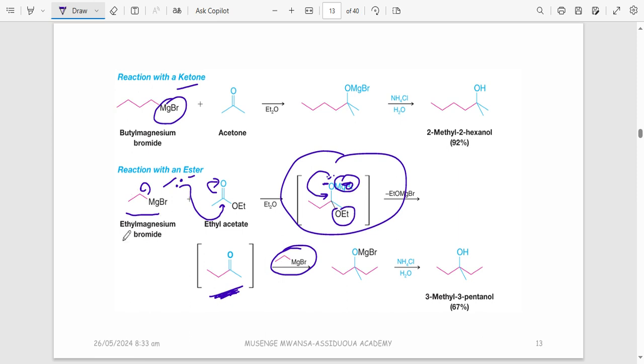If we had more equivalents of Grignard, for example, if they said two equivalents, and this again we get to remove the MgBr, so remaining something like this, which is still negative, and this will come and attack here, breaking this bond. That still forms this one with a negative charge, and this now can grab a hydrogen from solution to form our alcohol.